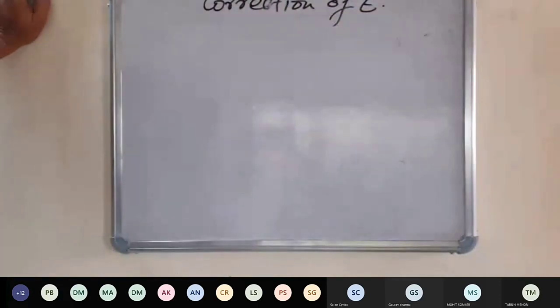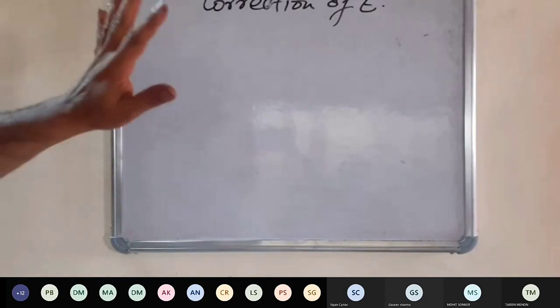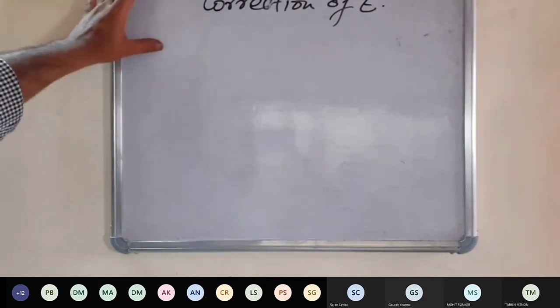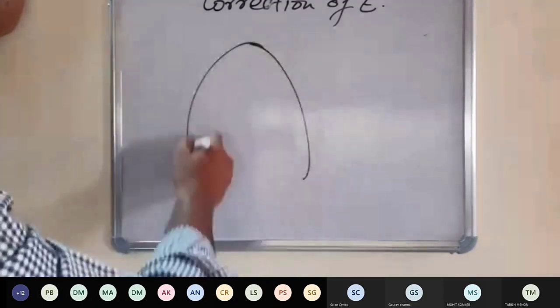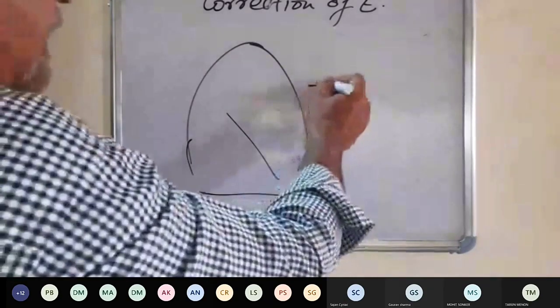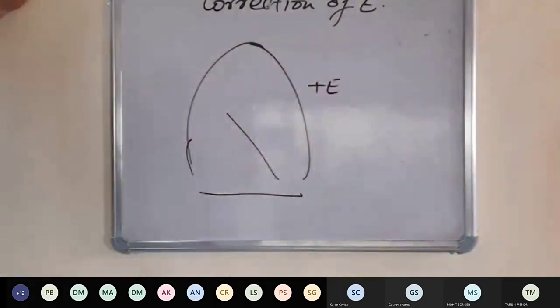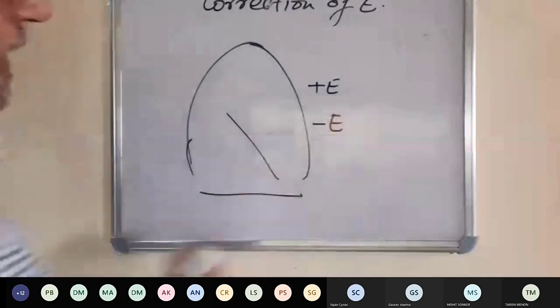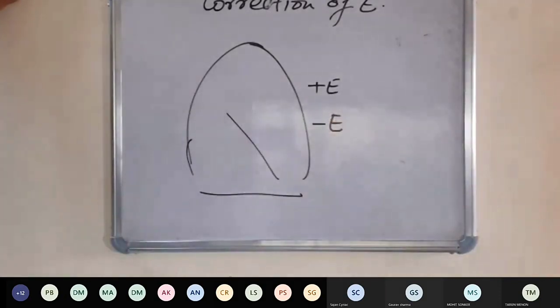As we have already seen and discussed, the coefficient E is hardly present on any merchant ship, so you will not have this. But just in case, if you have this coefficient E, let us say plus E you have, in this case, you need to create a minus E, opposite and equal, by another soft iron.